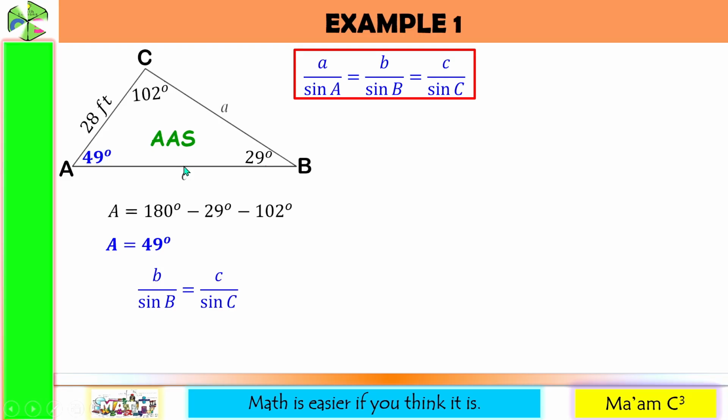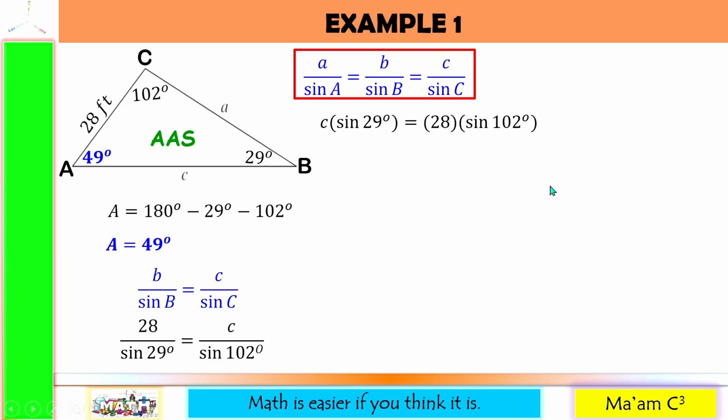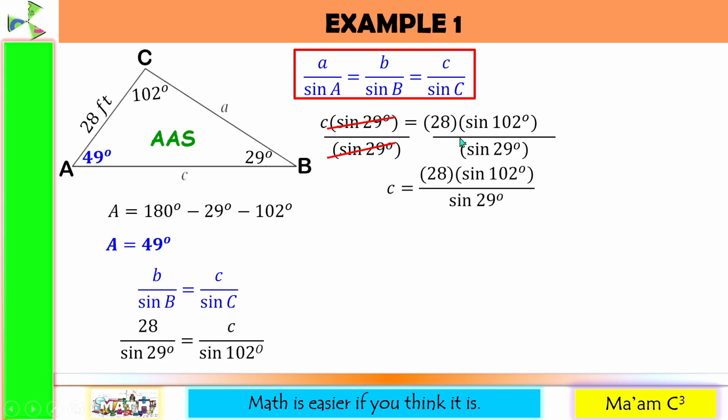C is unknown. Angle C is 102 degrees. Cross multiplication. I'm only after side C. I'm going to divide both sides by sine of 29 degrees. So these two will cancel out. So C is equal to 28 times sine of 102 degrees divided by sine of 29 degrees.